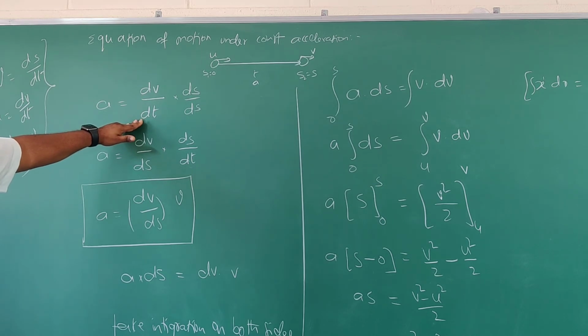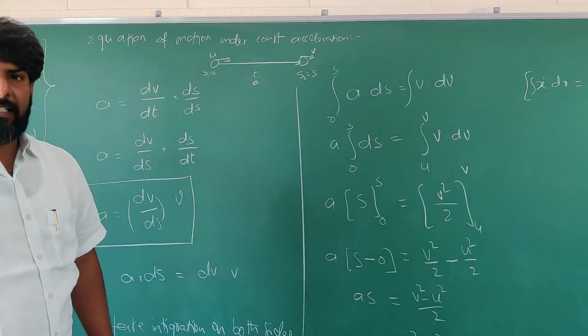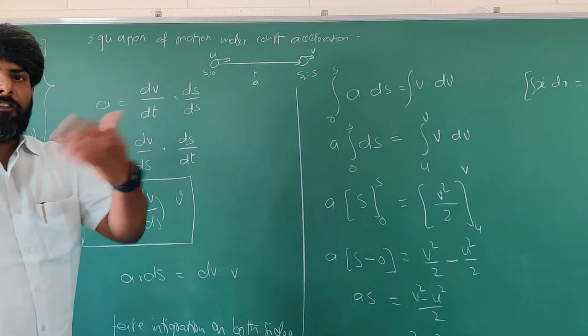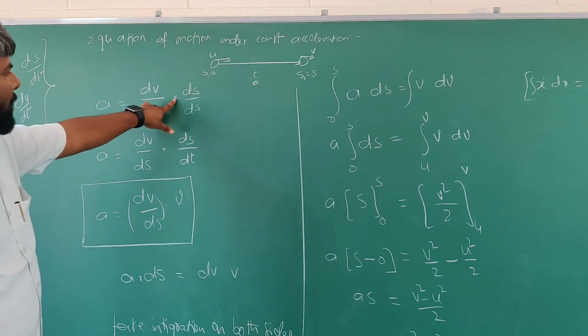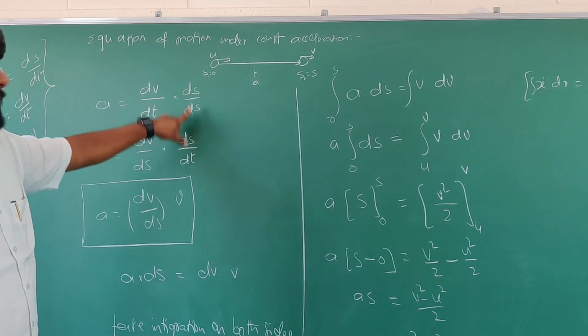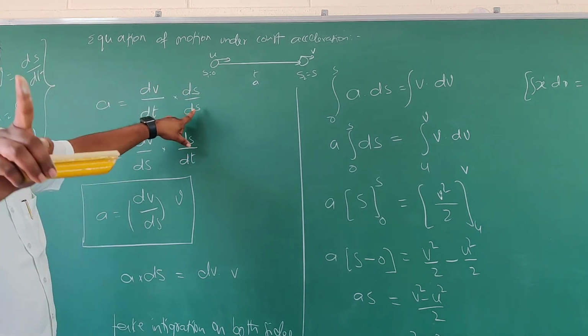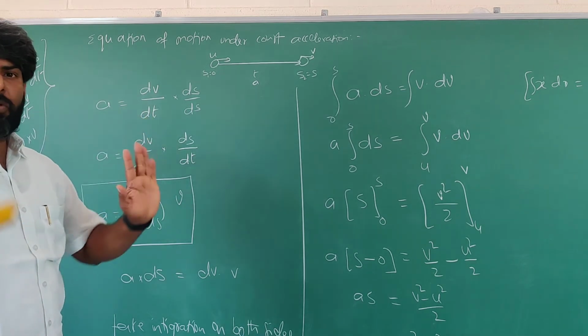But in the equation we want to prove, v square minus u square equal to 2as, there is no time. For avoiding time, I am multiplying dv by dt with ds by ds. ds by ds means its value is 1, and 1 into dv by dt means acceleration only, so no change.